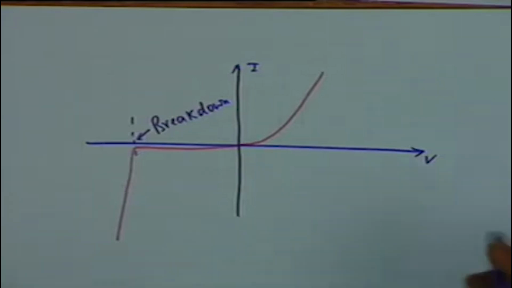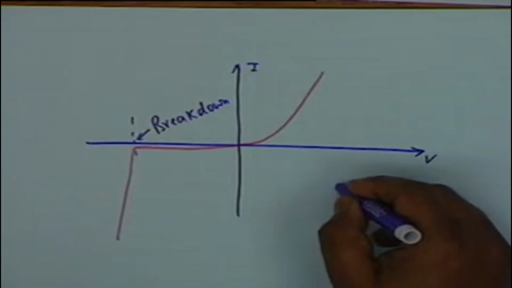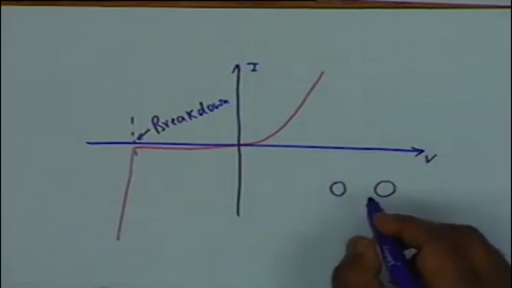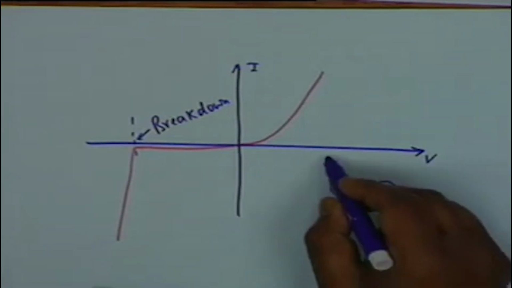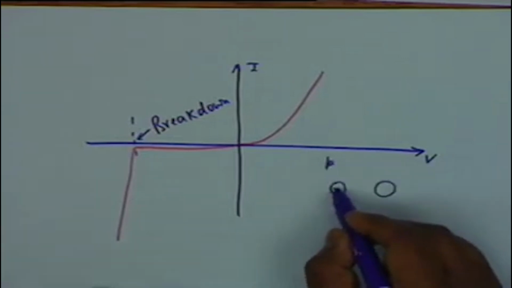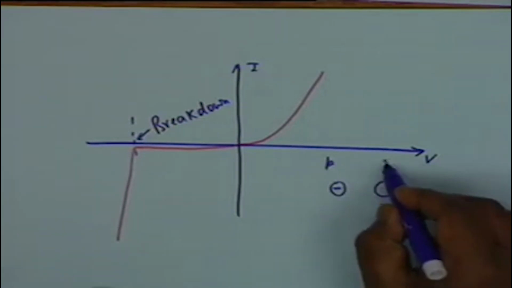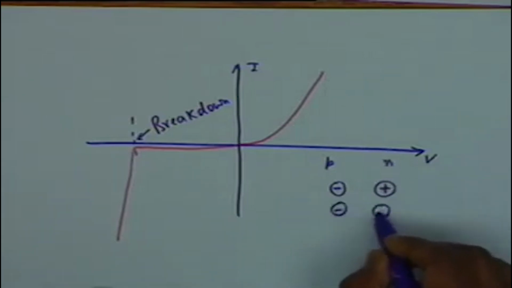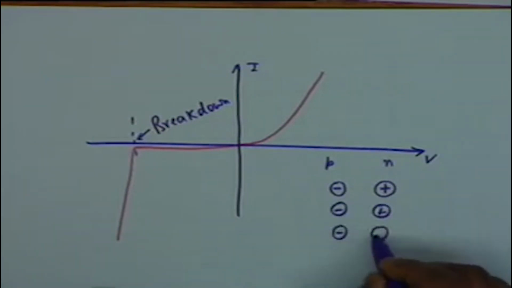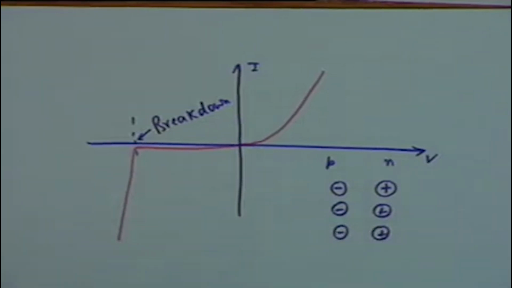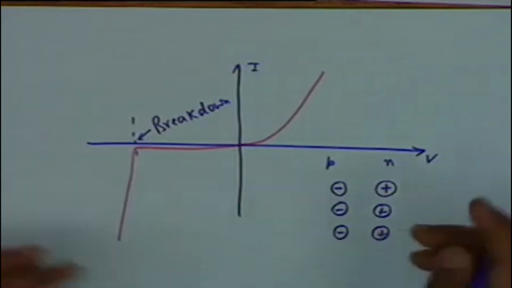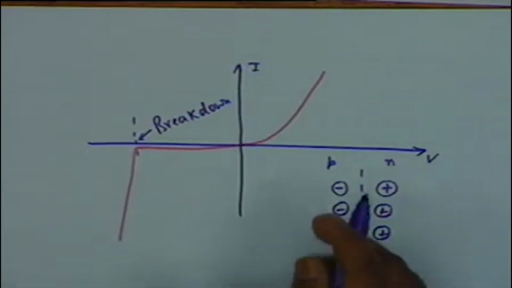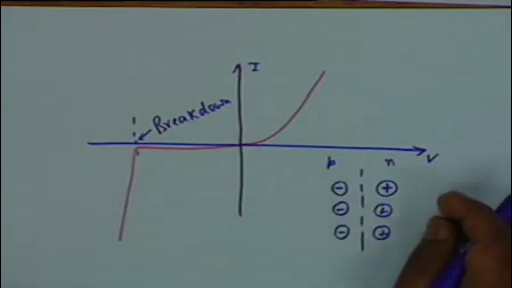One of them is, you know that under reverse bias there is a separation of charges. On the P side we shall have negative charges, and on the N side we shall have positive charges. These are uncovered charges, that is the mobile electrons and holes have crossed the junction. The mobile holes from the P type near the junction have crossed to the N region.